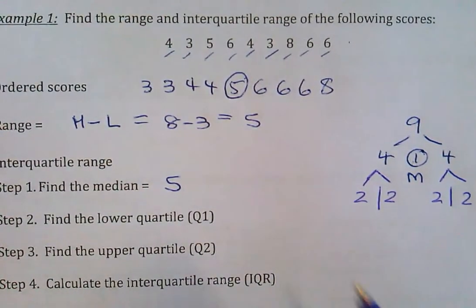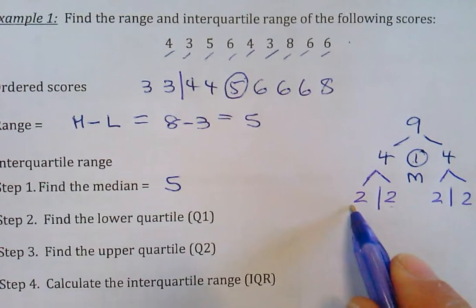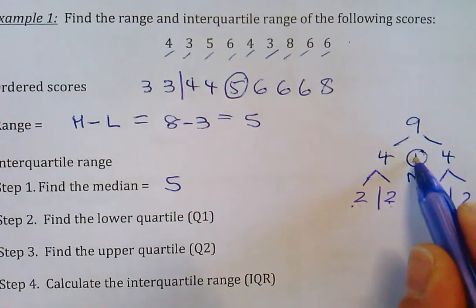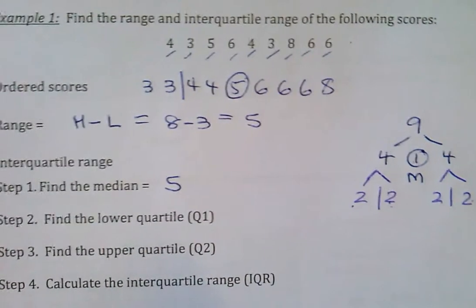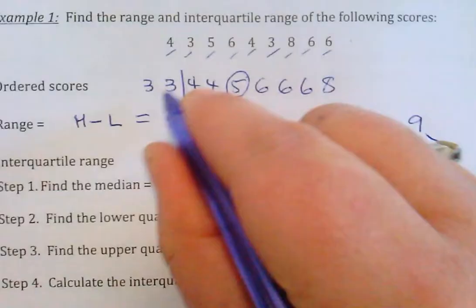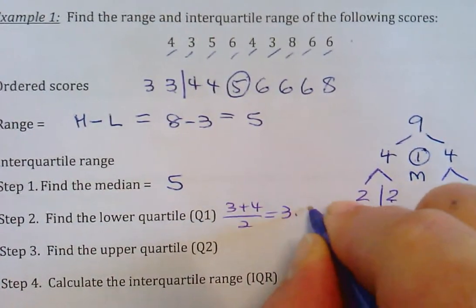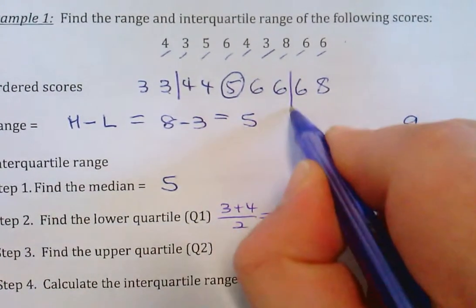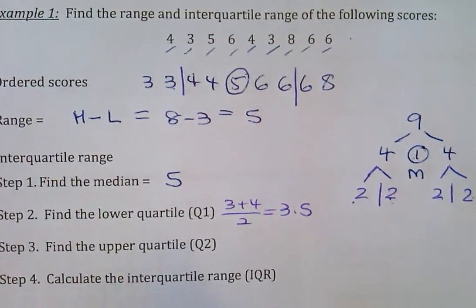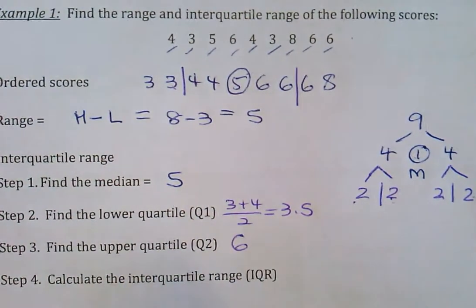So the lower quartile is between, see what I mean, you got 2 scores, 2 scores. That's your median. It's taken out. 2 scores, 2 scores. So what's our lower quartile? Yep, it's the average of 3 and 4, which is 3.5. Let's have a look at the upper quartile. 1, 2, 3, 4. Divide those in half. What's the upper quartile? 6. Great, 6.